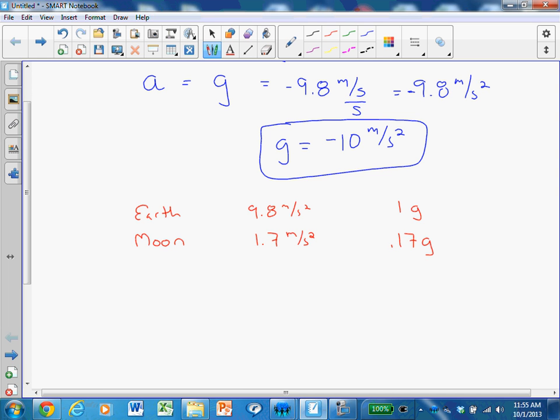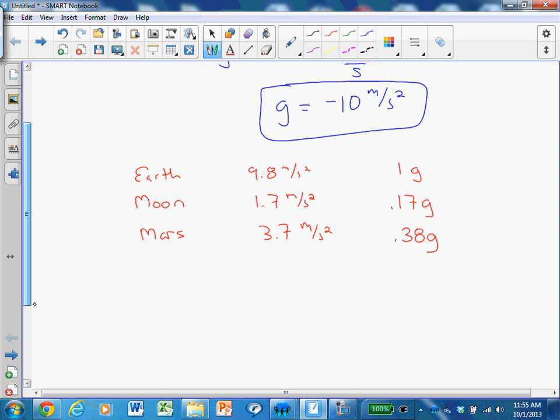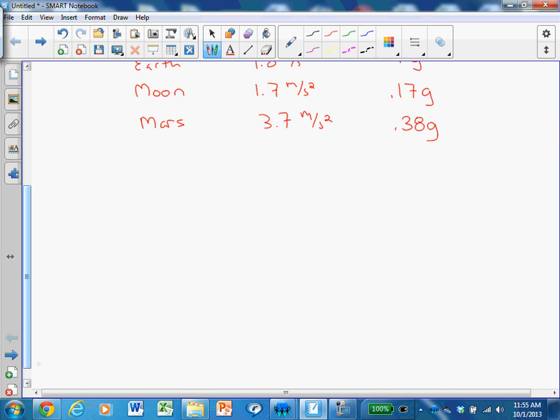And Mars, also smaller than Earth, 3.7 meters per second squared, or 0.38 g's. And Jupiter, much more mass than Earth. It has 24.8 meters per second squared.